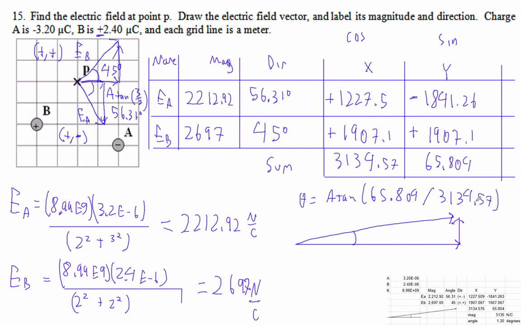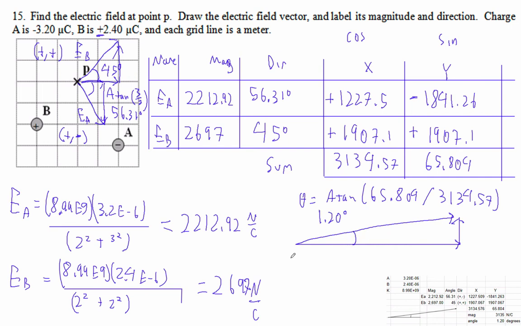All right, here we go. Second tan of that guy divided by this guy. 1.20 degrees. That is 1.20 degrees above the x-axis, just like that, right?